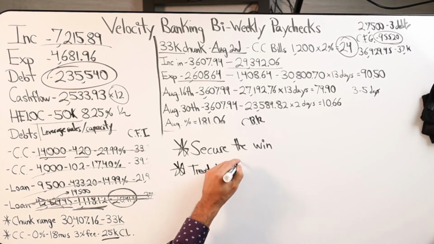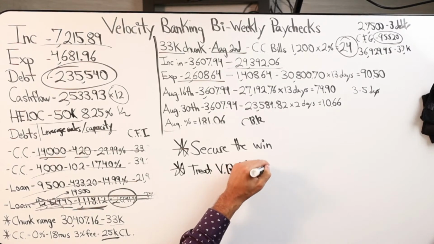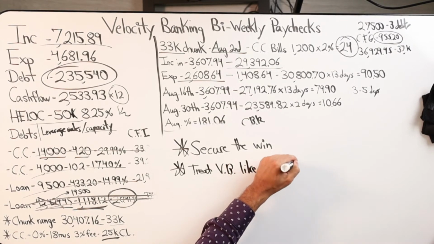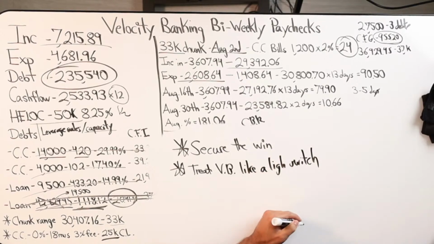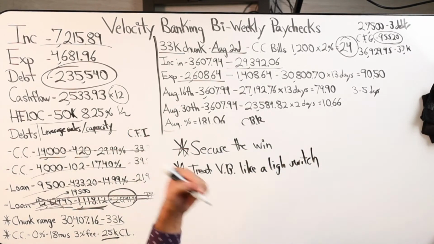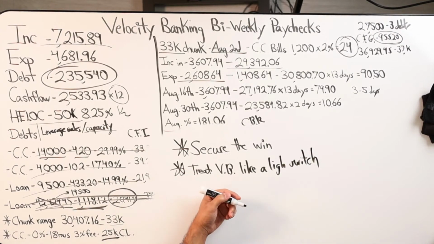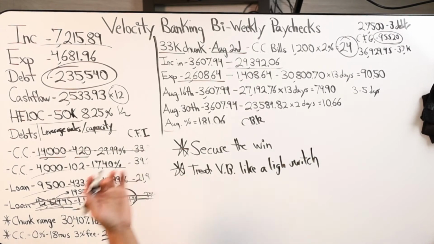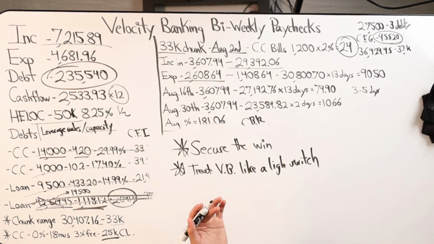Treat velocity banking like a light switch. Know when to turn the lights off when you leave the room. Know when to turn the lights on when you enter the room. That's what mom taught me growing up. When she raised me, she said, hey, shut the light off before you leave the room. Ain't nobody in there, don't need to have the light running.